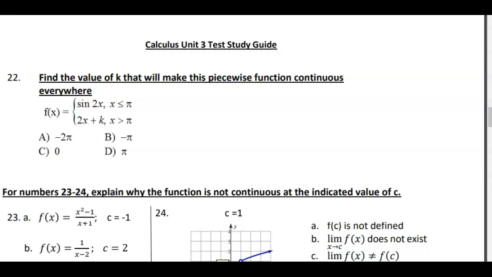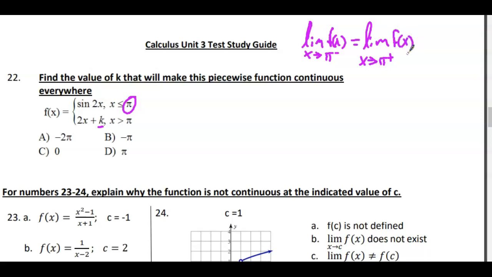So, this is one question I'll ask you. It's a very popular AP question. It's where they give you a function, and your job is to find the value of k so that this function turns out to be continuous. Now, for a piecewise function to be continuous, the limit of your function from the left of your breakpoint has to be the same thing as the limit of your function from the right of the breakpoint.